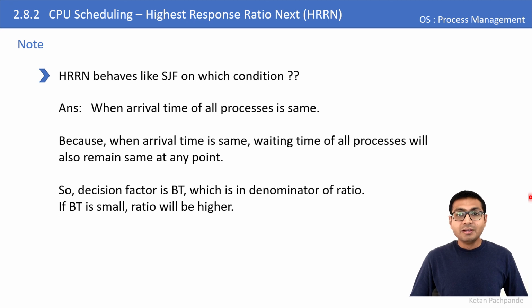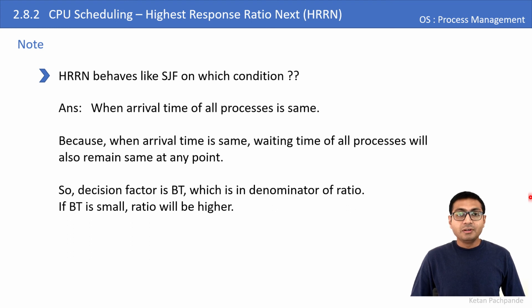Why so? See, in HRRN the response ratio depends on two factors, which are the waiting time in the numerator, and in the denominator we have the service time. Now, if the waiting time remains constant for all processes, then the comparison is purely based on the service time.